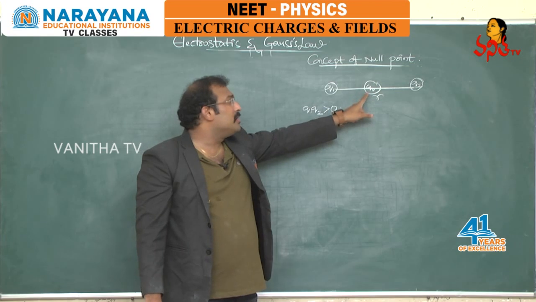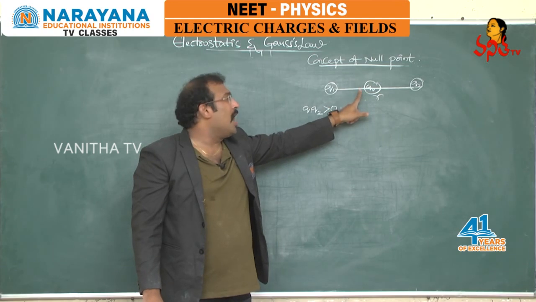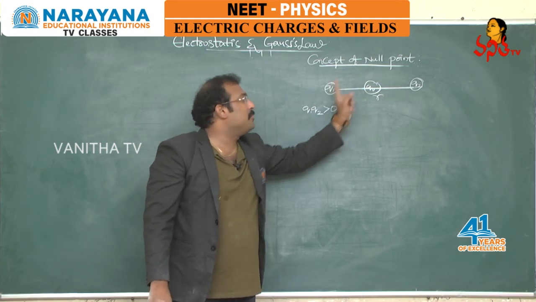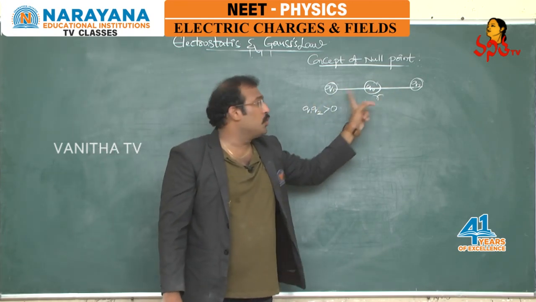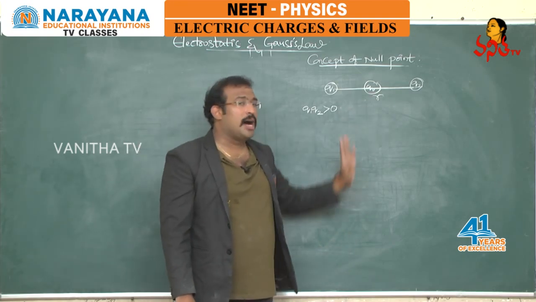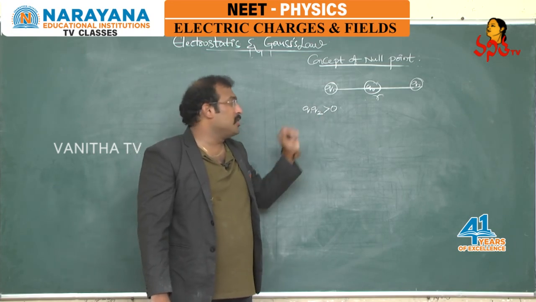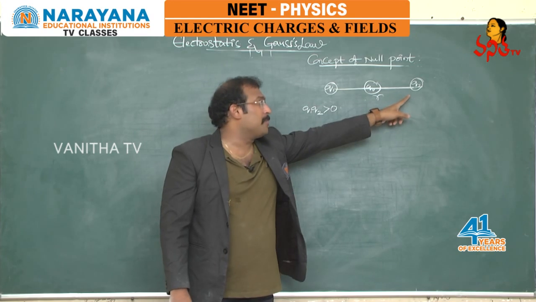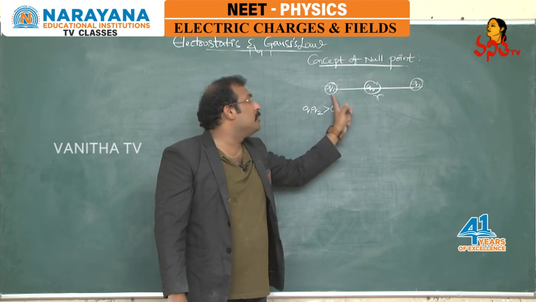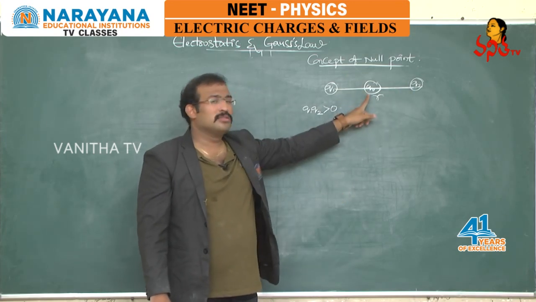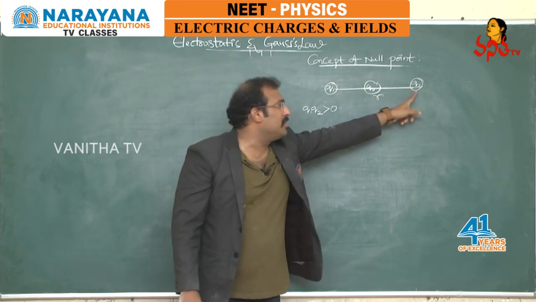Then the third charge Q0, or a test charge placed in between the two charges, will experience net force equal to 0, or net field equal to 0, in between the line joining the two charges only.